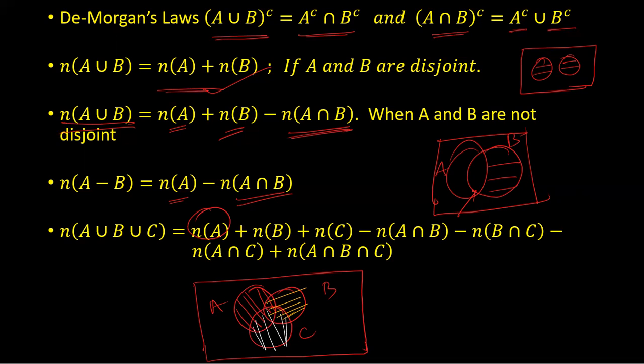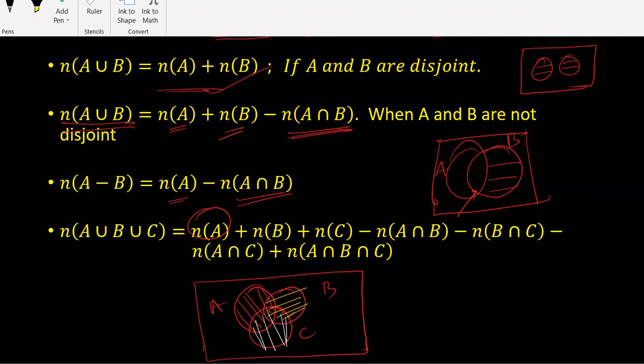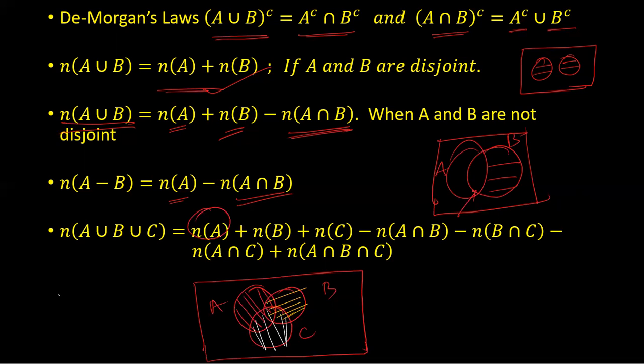Now just look at the diagram. I have counted n of A, n of B, n of C. See the intersection of A and B, this is counted twice, but in the union it should be counted only once, so I have subtracted one part.